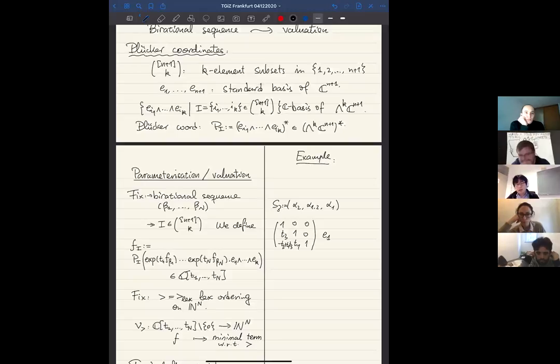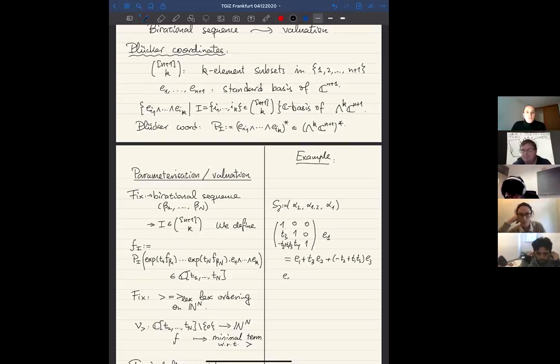So I want first to act on E1. If I act it on E1, all of you know how to do this from first week of first semester linear algebra. So you're going to get E1 plus, I think I computed it. Yeah, it's here. T3 E2 plus minus T2 plus T1 T3 E3. Just the first column.